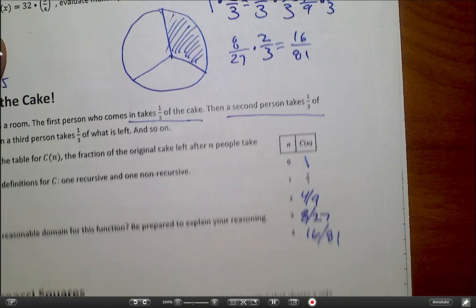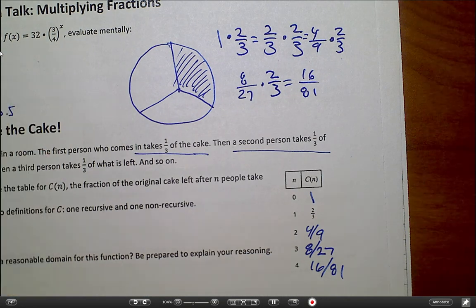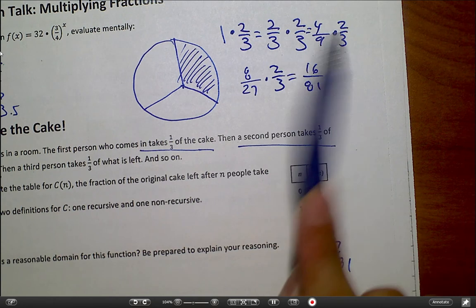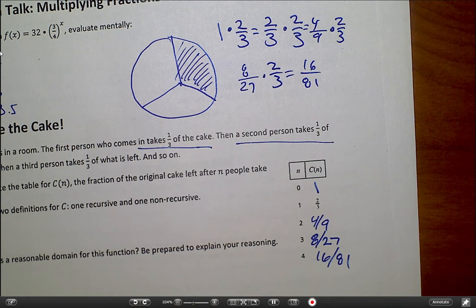But if you look at the pattern, what is happening every single time? Multiplying by 2/3. And what did I say that repeated multiplication is? Exponent. Very good. Repeated multiplication is an exponent.